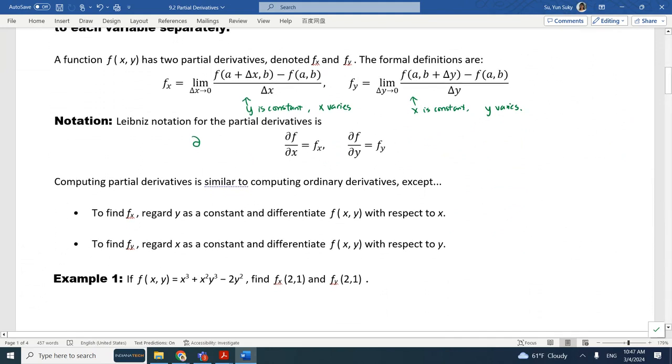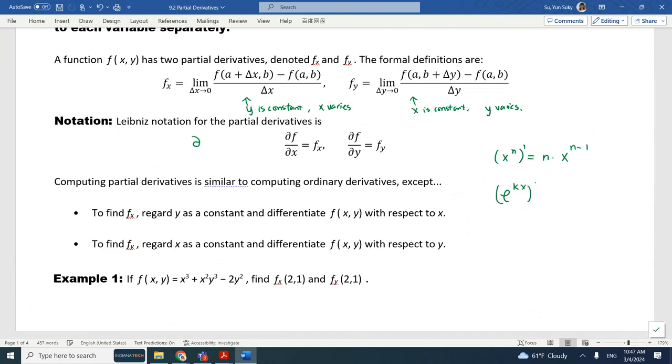So everything we did before works. Let me remind you of the derivative formulas we learned so far. x to the n, prime, is n times x to the n minus 1. The derivative of e to the kx is e to the kx times k. We also have the product rule: u prime v plus u v prime. How about the quotient rule? u prime v minus u v prime, over v squared. Yes, very good.